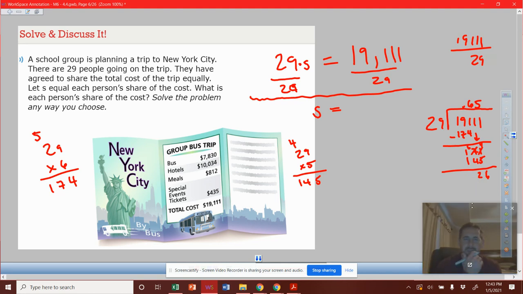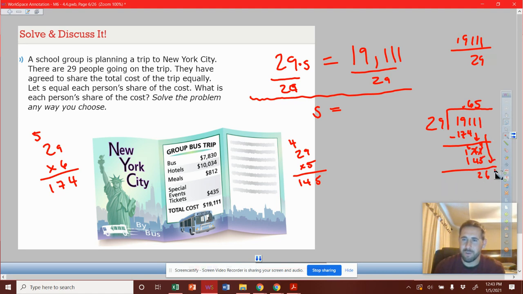Oh, no, I didn't miscalculate. I'm sorry, I was thinking the number we're doing is 19, not 26. So we got really close. So I'm going to drop down another 1.